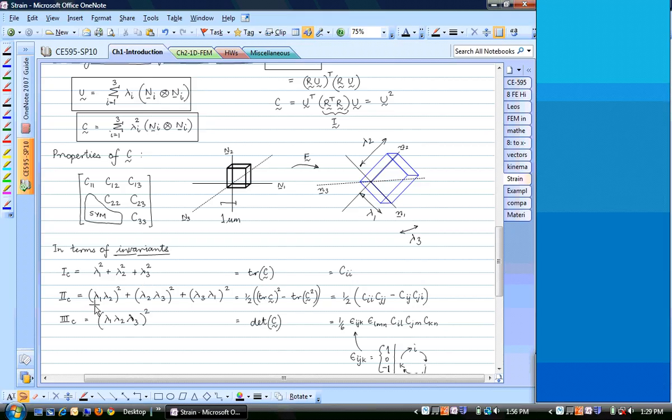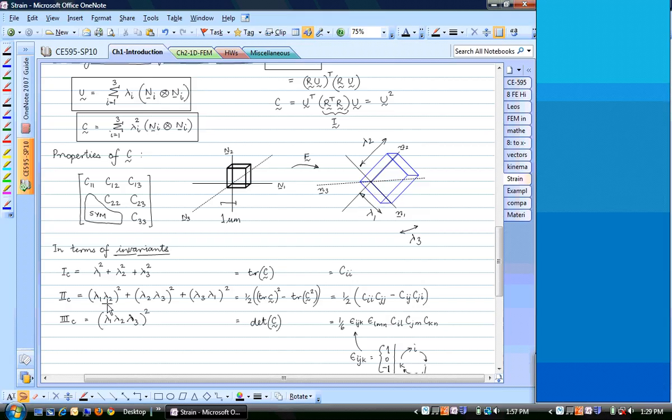So similarly, what do you think is the physical significance of this, the second invariant? What is lambda 1 times lambda 2? So this is lambda 1, this is lambda 2. What is lambda 1 times lambda 2? It is the surface area of this face of the cuboid.